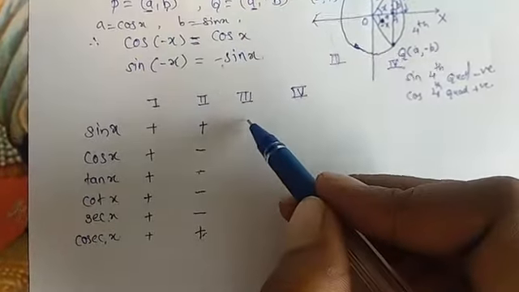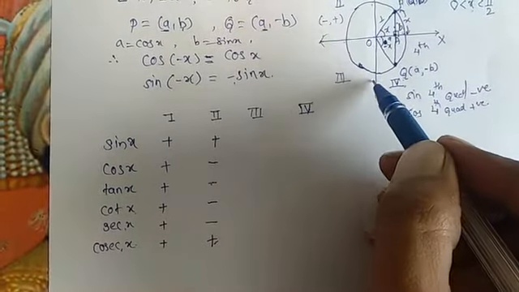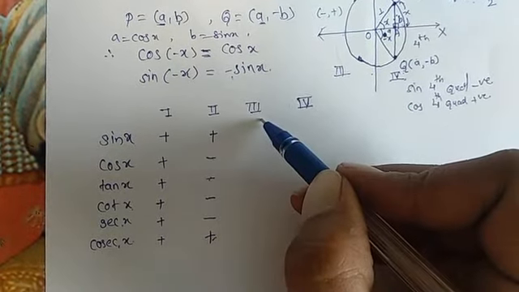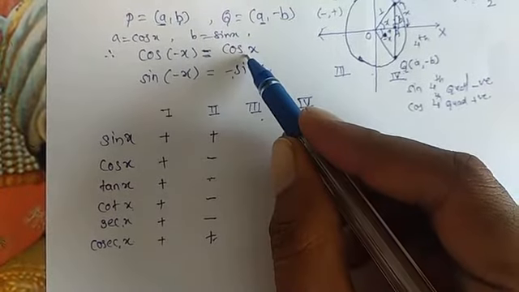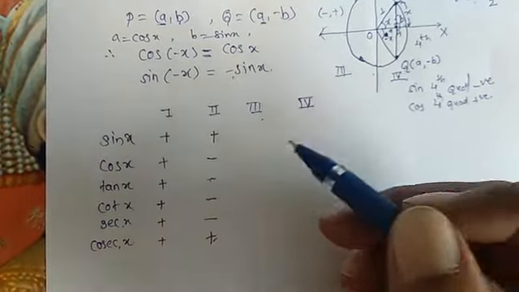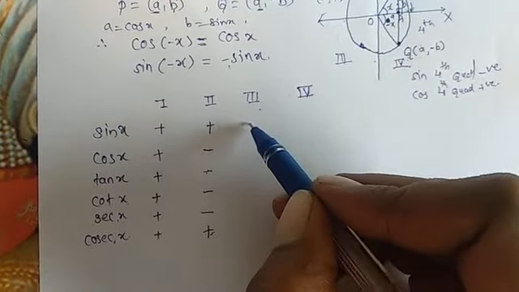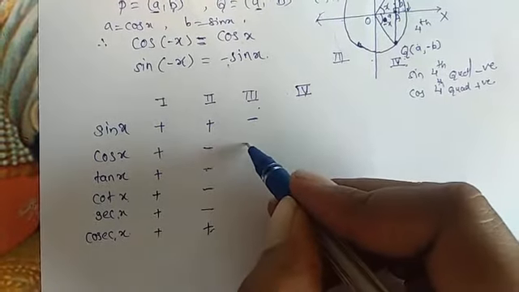Next, in the third quadrant both x and y are negative. So sin x is negative, and cos x is also negative.